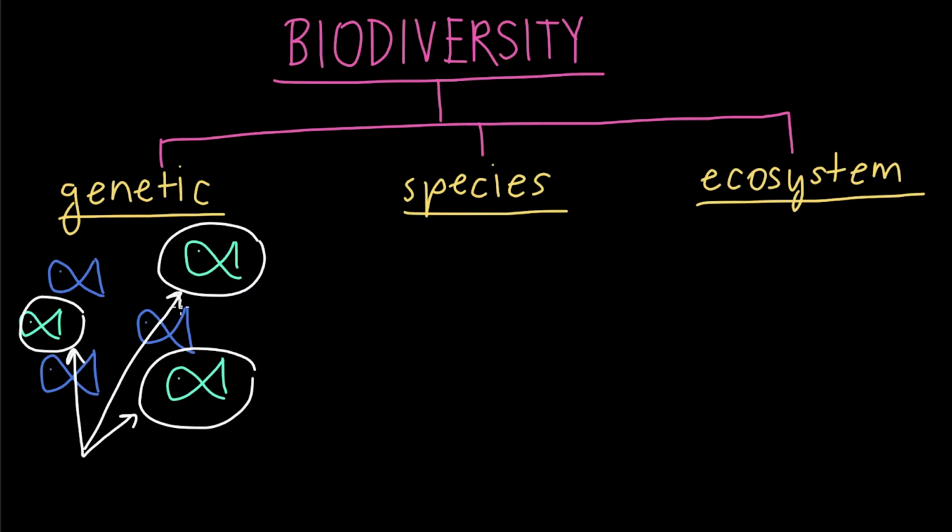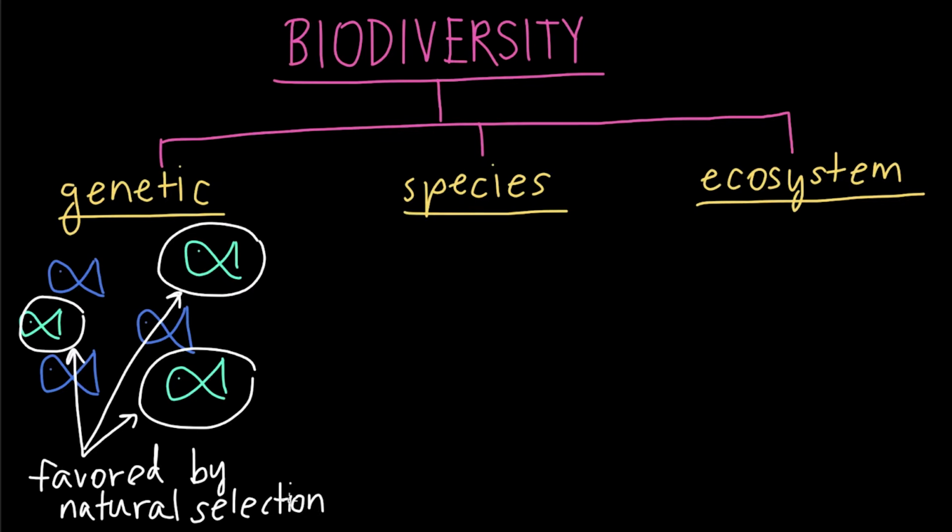So let me circle the green-colored fish and label them as favored. Now, if the population had been made up entirely of blue-colored fish, the population could have been wiped out. So you can see how genetic diversity is super important.